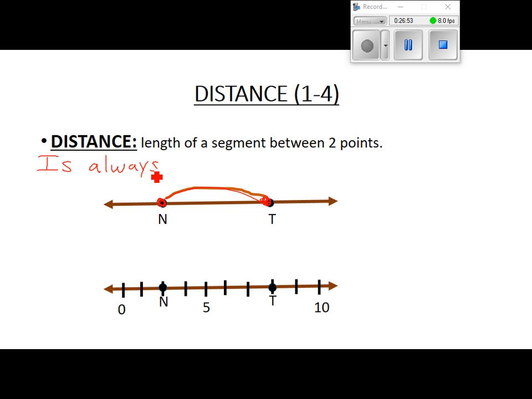I'm standing here. I start walking. How many paces did I walk? 3. Distance is always positive. It's always got to be a positive number.